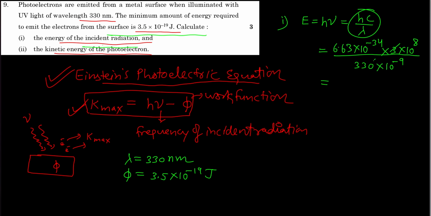3 divided by 330 will be 1 upon 110, and let's calculate 6.63 divided by 110.